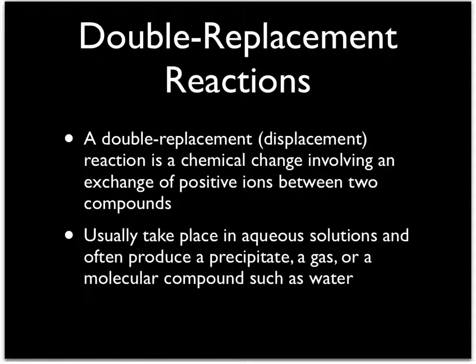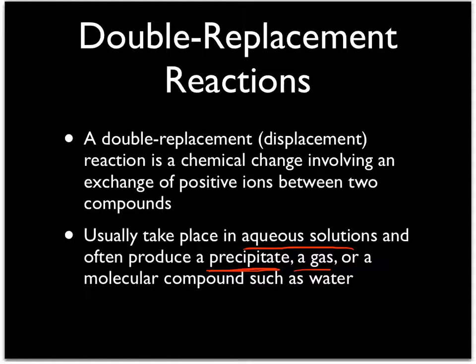When we're talking about double replacement reactions, they're usually solutions. We're usually talking about things that are aqueous solutions. And they're only going to happen if something is produced like a precipitate, and a precipitate is a substance that doesn't dissolve in water. So when you mix two things together, sometimes you form these substances that no longer dissolve in water, so a reaction takes place, and you notice that right away.